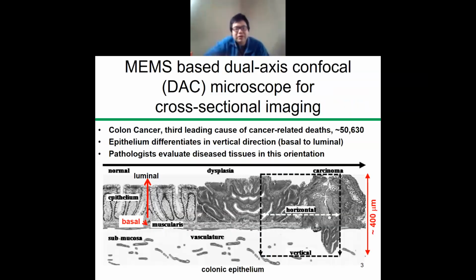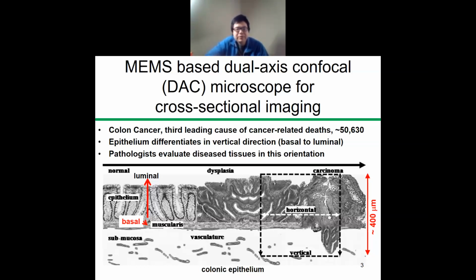First, I'm going to introduce a little bit about GI tract imaging using the microsystem-based confocal microscope we are developing. For example, take colorectal cancer, which is the third leading cause of cancer-related deaths.